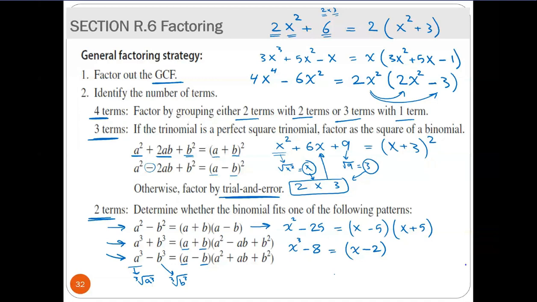So the cube root of x to the power 3 is x, and of 8 is 2, so put x minus 2. The second bracket: the first term squared, x squared, plus 2 multiplied by x, which is a multiplied by b, giving 2x, plus 4, which is 2 squared.